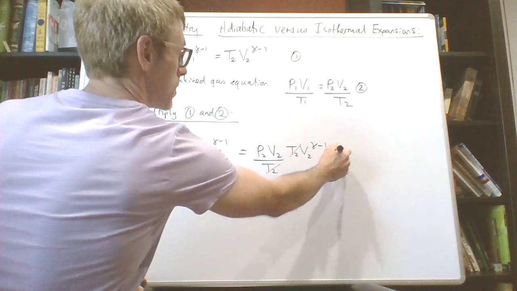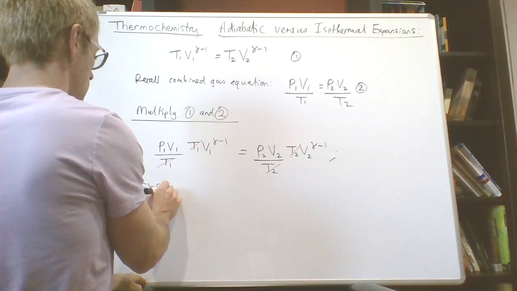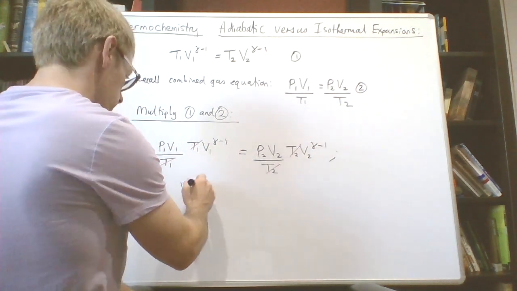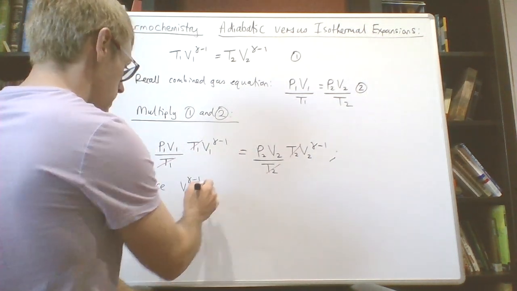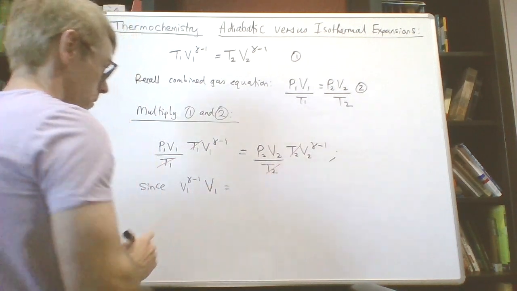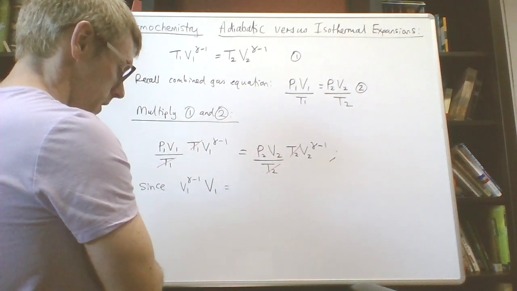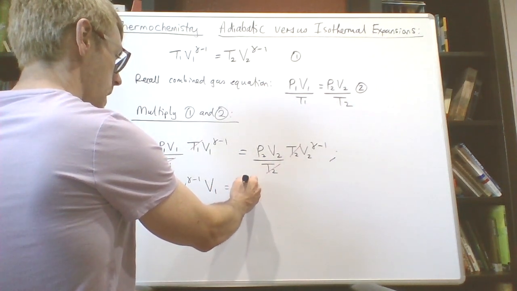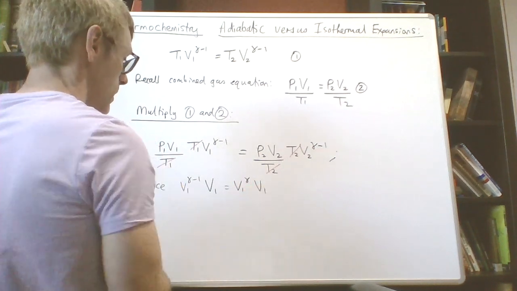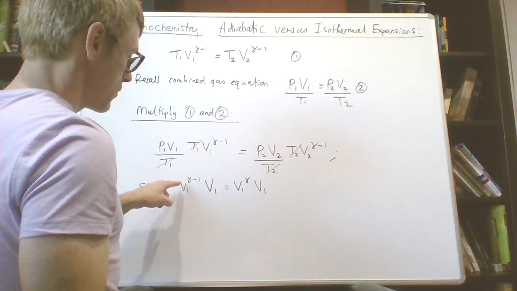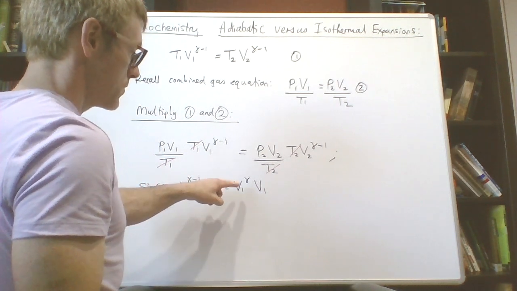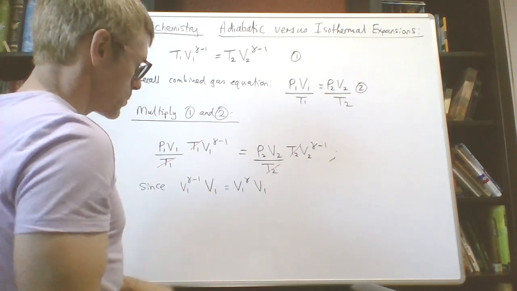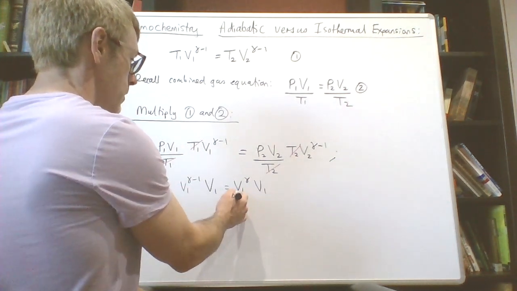So V1 to the gamma minus 1 multiplied by V1 equals V1 to the gamma multiplied by V. But then we've got V1 to the minus 1. Well, that's just 1 over V1.